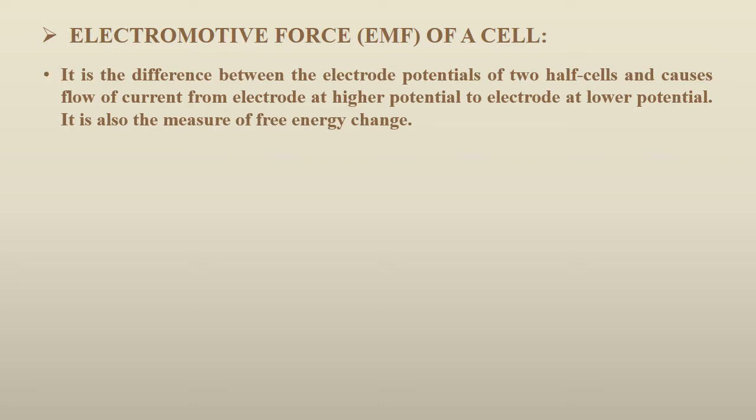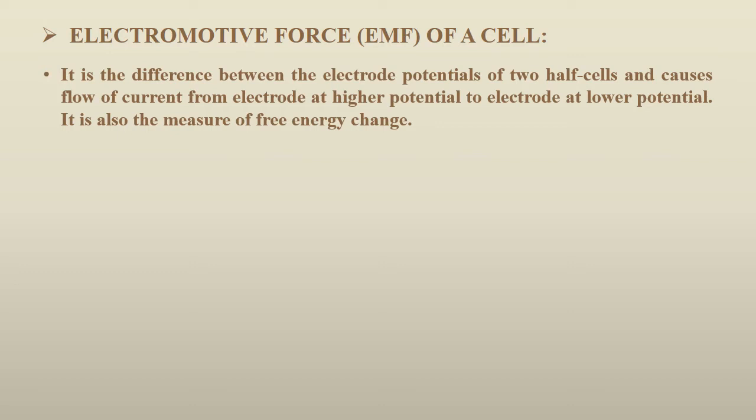Similarly, copper rod dipped in copper sulfate solution, zinc rod dipped in zinc sulfate, and it is not at all necessary that the salt solution should be sulfate only. It can be nitrate. Okay, that we have already seen in the galvanic cell.